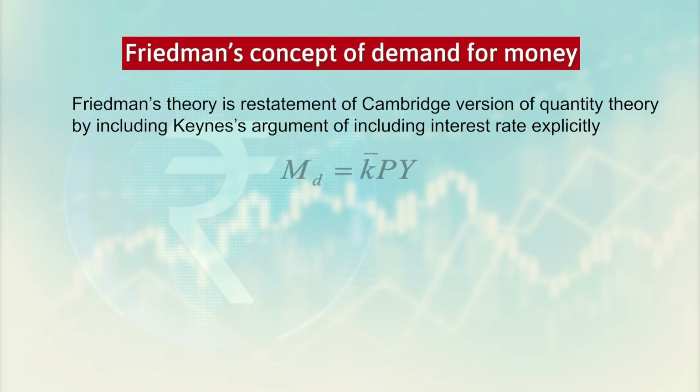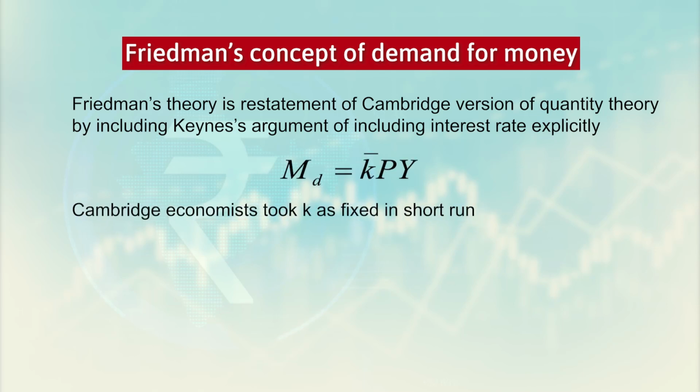But Friedman tried to incorporate the Keynesian viewpoint of rate of interest and money demand, and put the idea of Keynes into the Cambridge equation. What he got is that the money demand function is essentially K bar Py. And bar means it is fixed or constant.